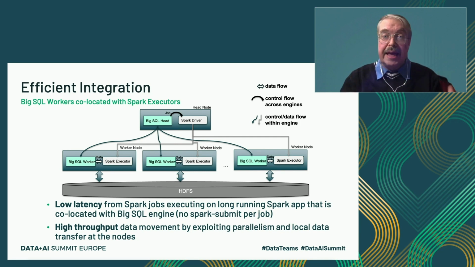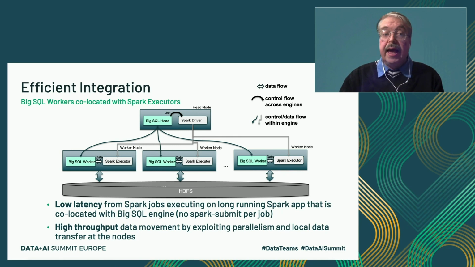The main aspect of that is that there is a long-running Spark app which allows for very fast communication with low latency between Spark and BigSQL, because Spark doesn't have to be started for each request, for each polymorphic table function or something like that. It's already running there. And therefore, Spark can also be used, for instance, for caching tables in memory for BigSQL.